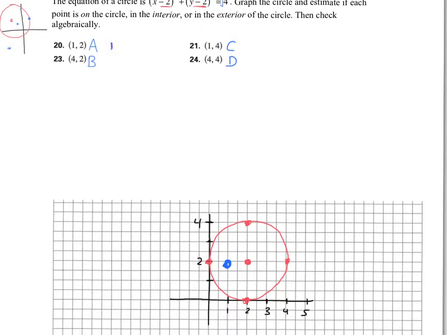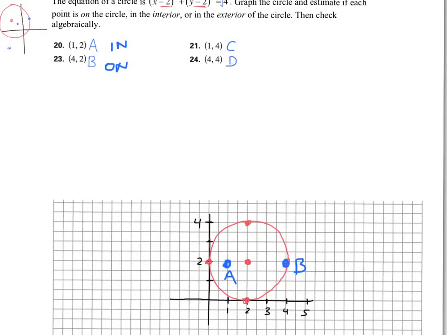This one is inside. Now the next one, B is at 4, 2. So here's 4 down here, and 2 is right there. Oh, so it looks like B is right there, and I should label it B here. Label that A. So this one looks like it's on the circle relative to the circle that I drew. Of course, my drawing could be wrong. I could be slightly off.